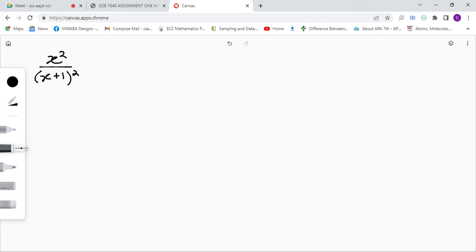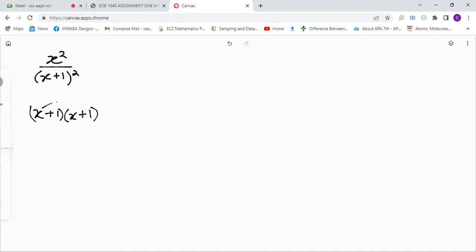The first thing we're going to do is determine if it's a proper fraction or an improper fraction. If we expand x plus 1 squared, x times x gives us x squared.